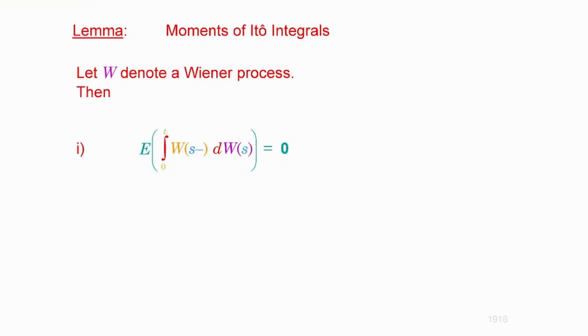It's not surprising, but you're not supposed to simply bypass this by looking at Fubini's theorem and so on, because you need to understand that the integrator is also stochastic. So this is not just working like this, as was the case for the Riemann integrals. The integrator is also stochastic, so you cannot simply swap the expectation operator with the integral.